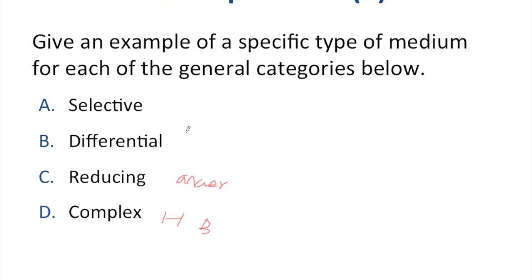Differentiated media means this media contains certain reagents to show the size or color change of the colonies. For example, it contains a pH indicator, so it allows several microorganisms to grow on this media, and we can see different colony sizes and colony colors.